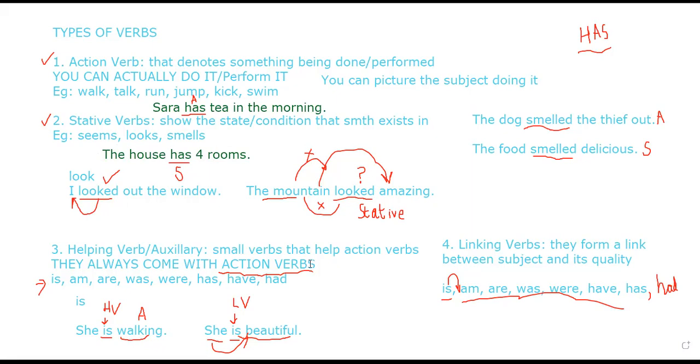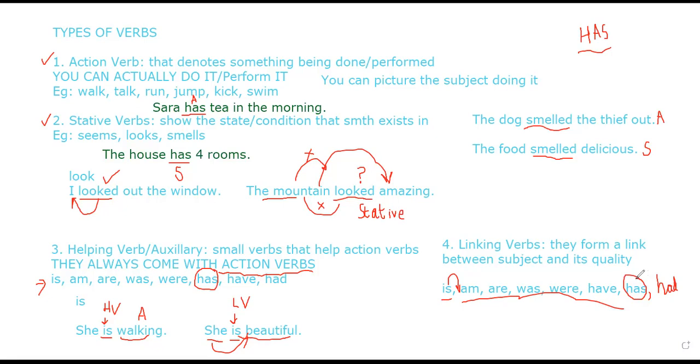Right? And, linking and helping, we have this list over here and it's already there, right? Has is also a linking verb. Has is also a helping verb. So you have to be careful with the hints. Okay, action is something that the subject is performing.